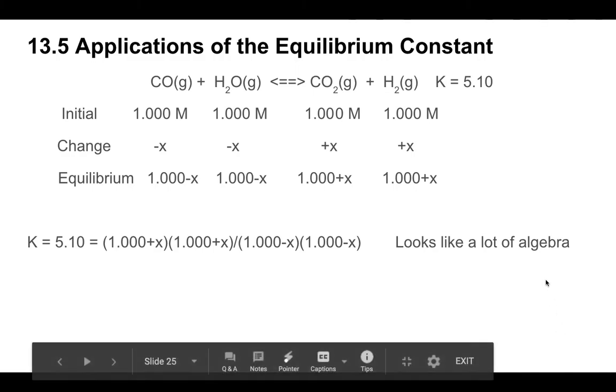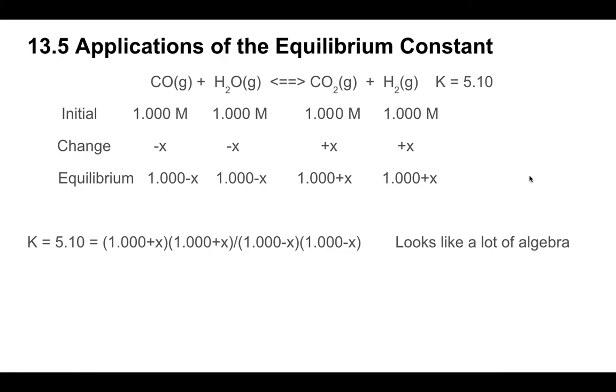So now I complete my ICE table by saying, okay, the initial is 1, 1, 1, and 1. My change is that if I shift to the right, I'm going to subtract X from CO, X from H2O, and I'm going to add X to CO2 and hydrogen.